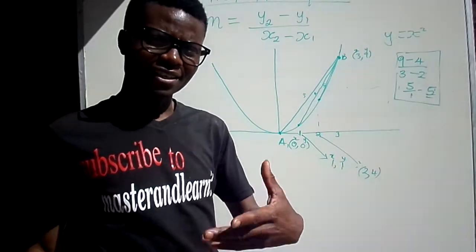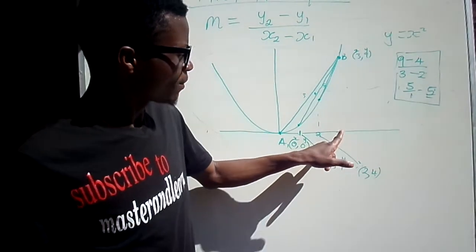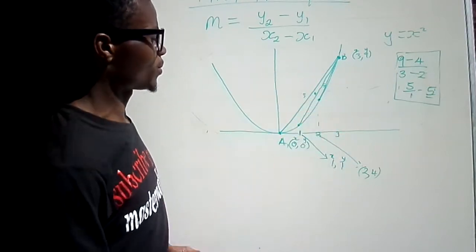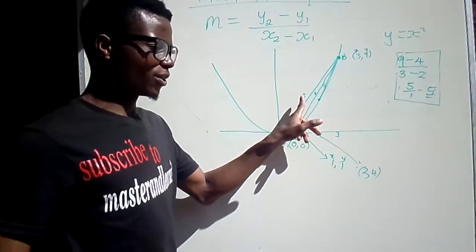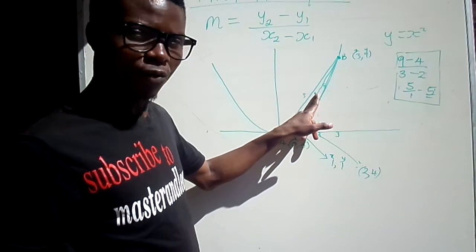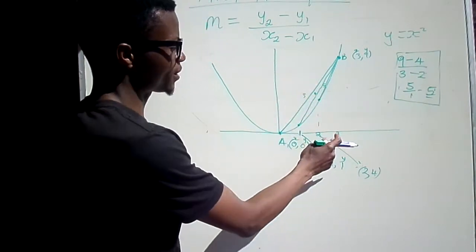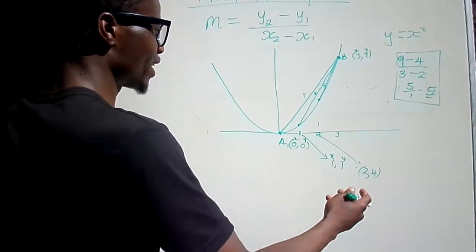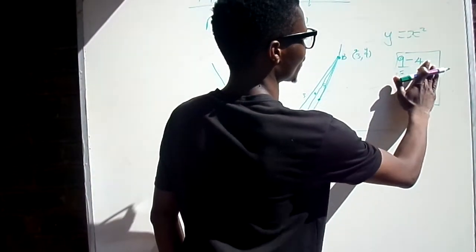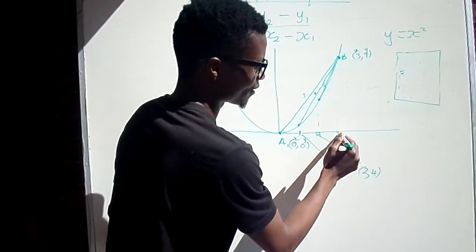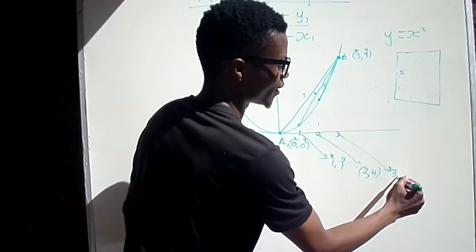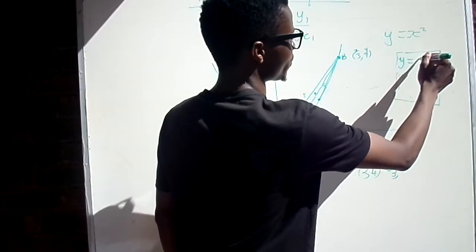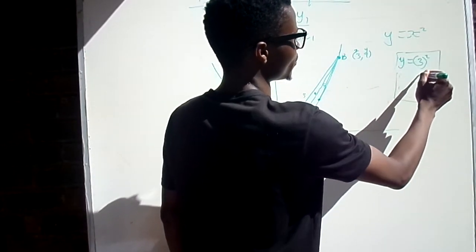How about if you want to take this further and say what would be the gradient when x is 3? Let us try to see what's going to happen. Now we had a gradient of 3, a gradient of 4, a gradient of 5. How about if we substitute coordinates when x is exactly 3? When x is 3, to get the corresponding y, I go to my equation. y is equal to 3 squared, which is 9.